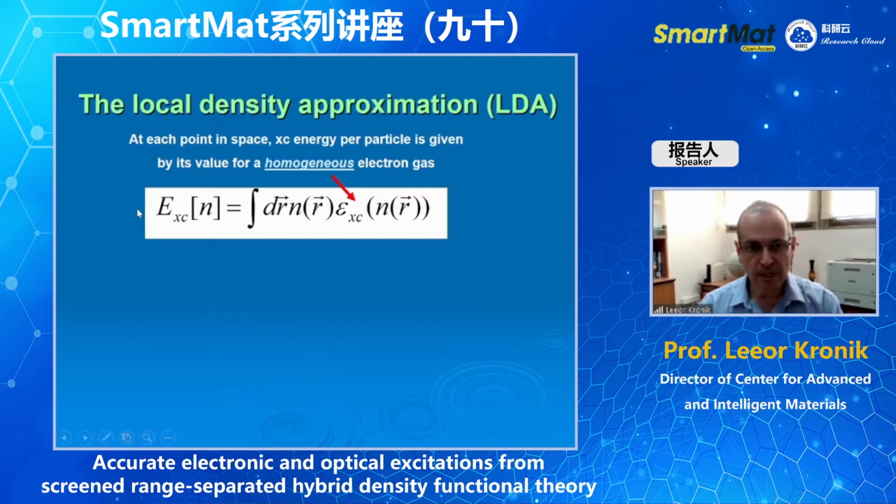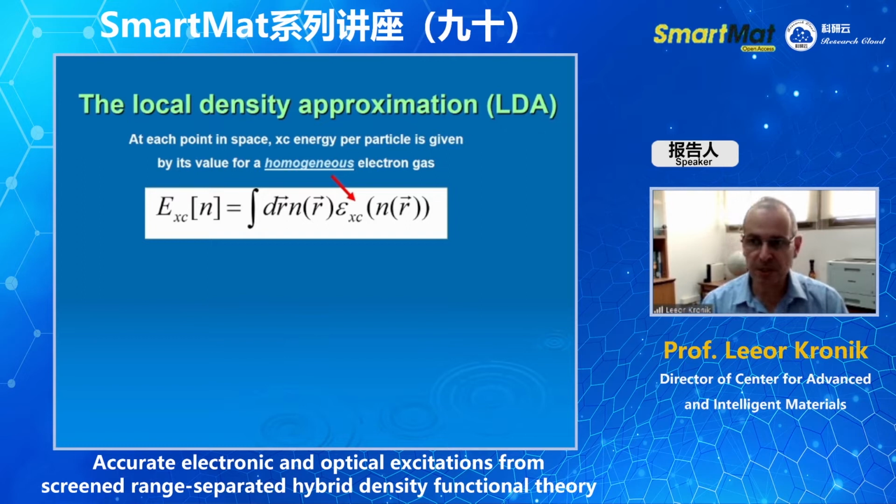And when we do that, then we can assume crudely that even for a non-uniform system, the exchange correlation energy per particle at each point in space will be given by its appropriate value from the homogeneous electron gas. So as if I have a homogeneous electron gas with that density at that point, and then I just weigh over the different densities.